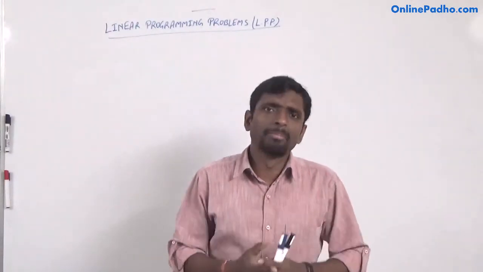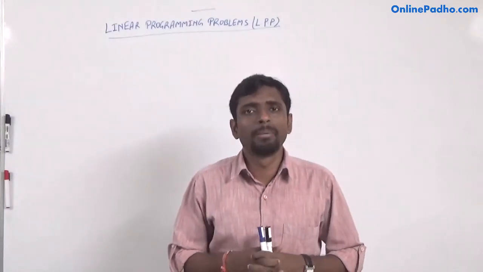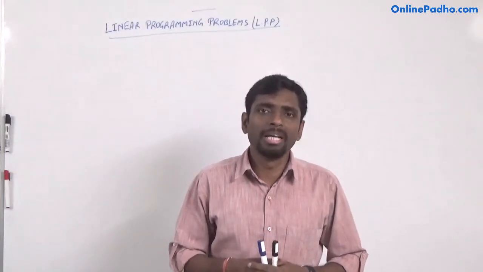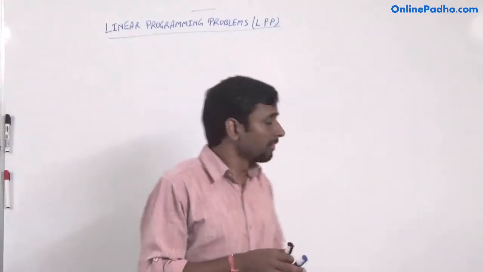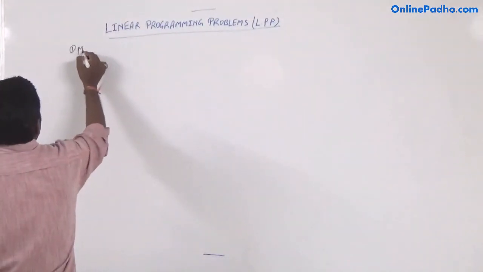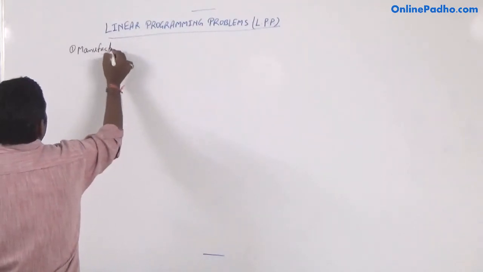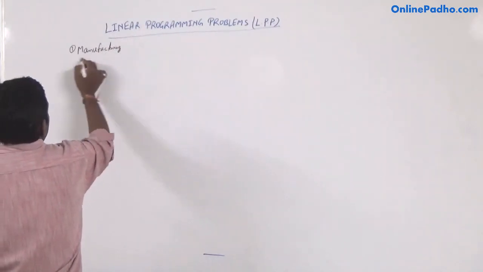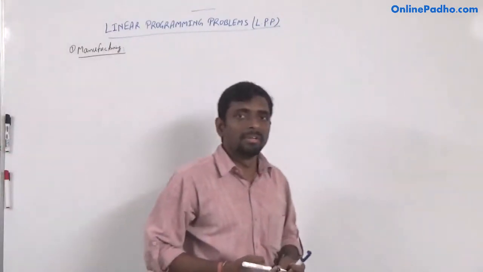There are three types of problems that can be asked. First one is manufacturing problem, second one is diet problem, and third one is transportation problem. So first we are going to discuss the manufacturing problem. There are three different steps to solve each and every question.